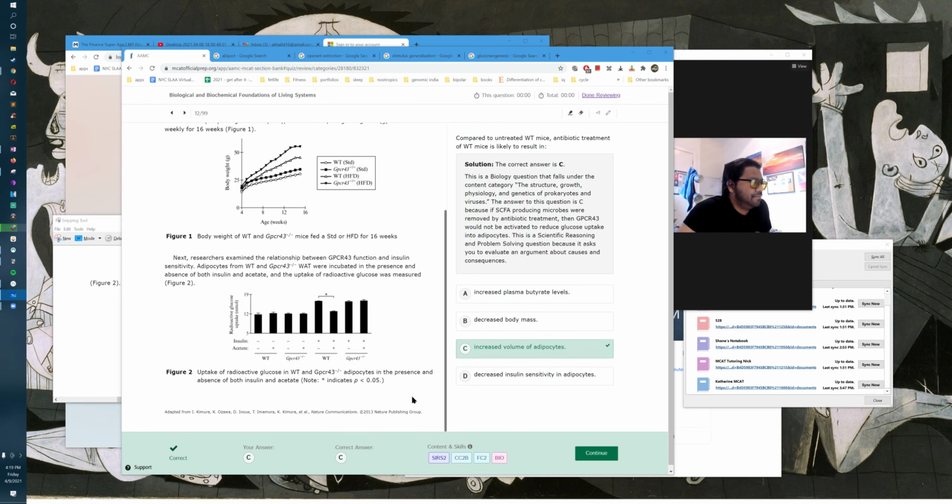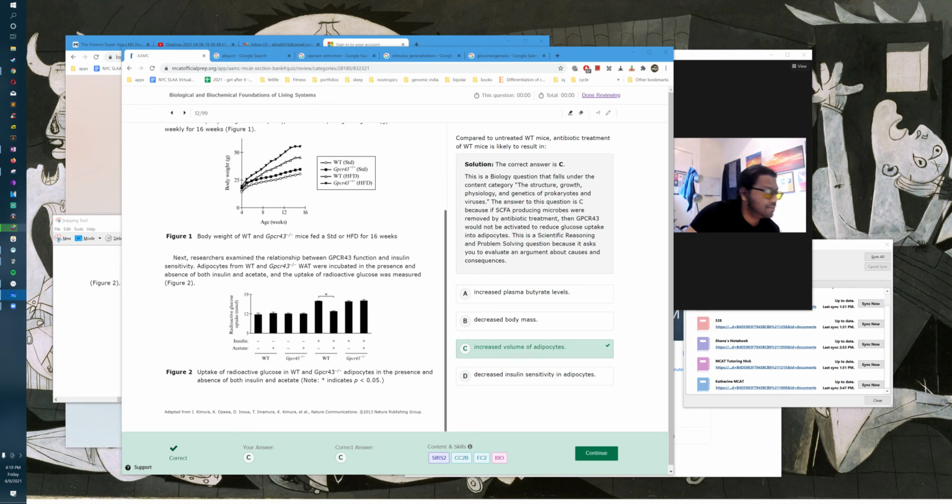Because acetate is one of the short chain fatty acids, acetate works to decrease glucose uptake, which increases gluconeogenesis or decreases insulin sensitivity. If acetate is suppressing glucose uptake, you will need more insulin to take up the same amount of glucose, so the sensitivity will be decreased.